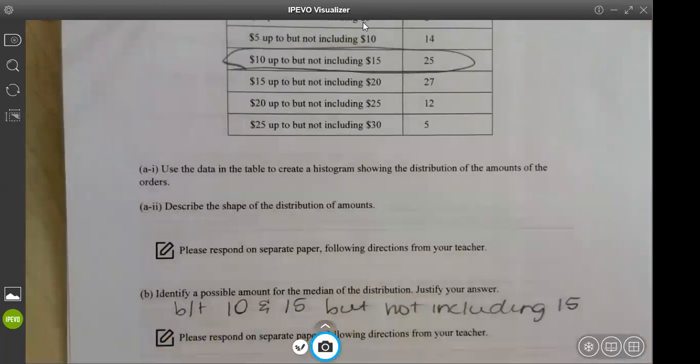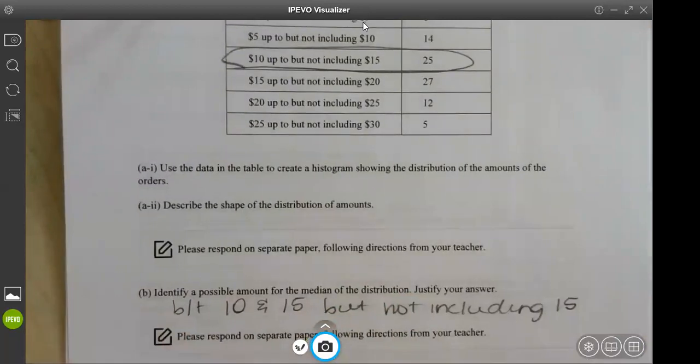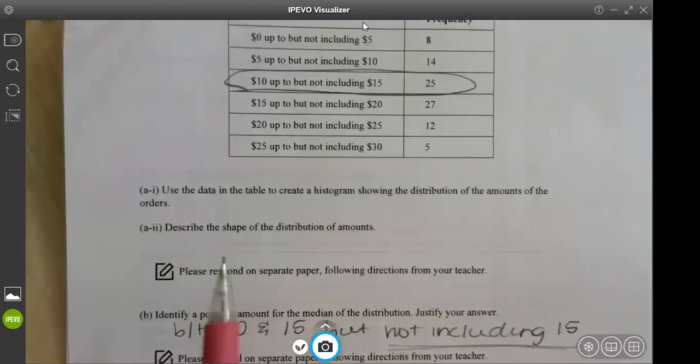It would have taken any value that you chose. This is the best answer. Does everybody understand that? So what they're looking for is a number between 10 and 15, not including 15, and this is the best answer to get right here. Don't give a specific value, just give a range of values, and they would have counted off for you not putting that right there. Okay, if you would have said 10 to 14, that would have been a problem as well. Got it?